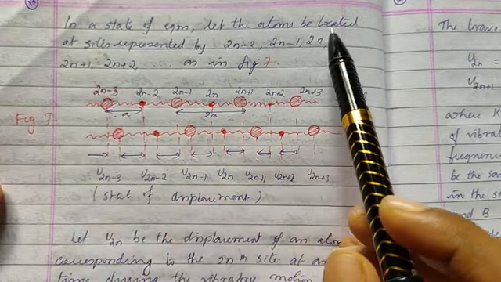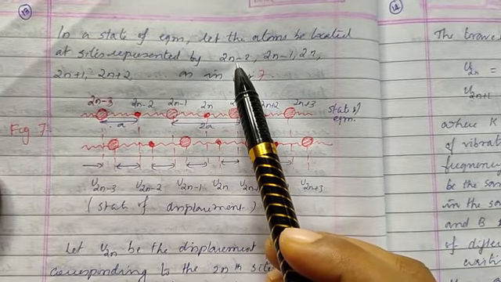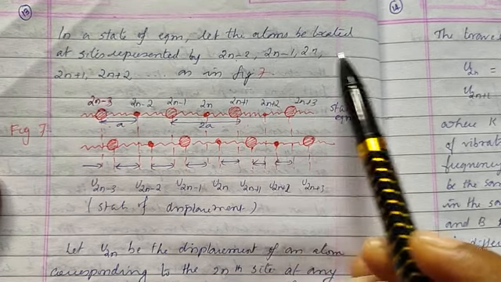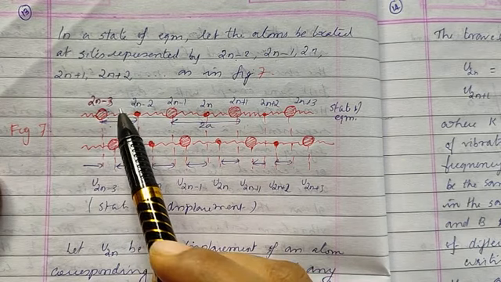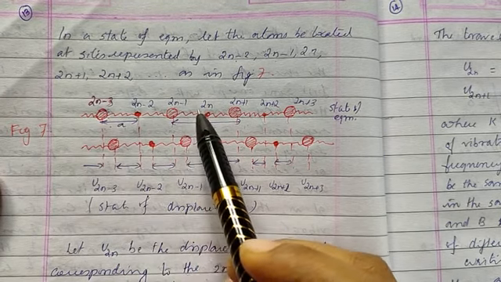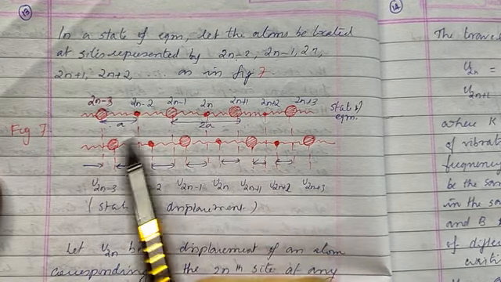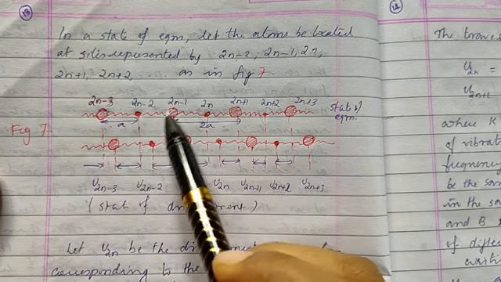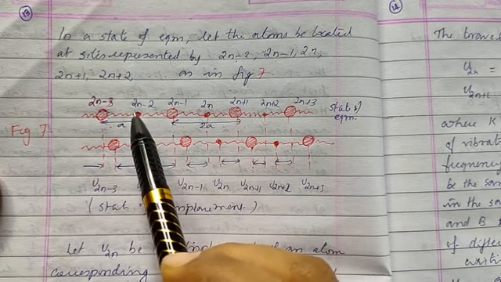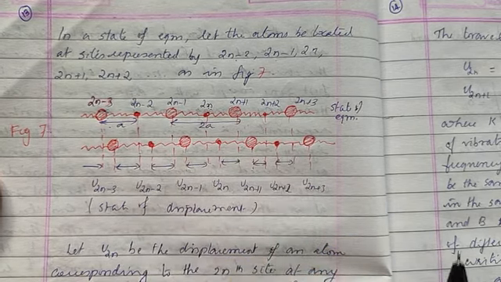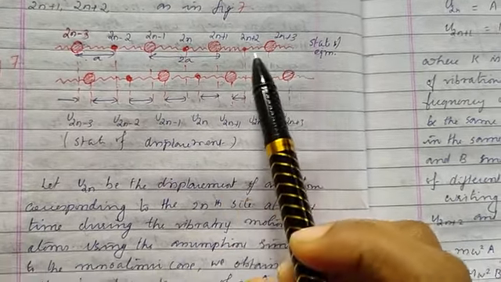In a state of equilibrium, let the atoms be located at sites represented by 2n minus 2, 2n minus 1, 2n, etc. In the monoatomic case, we considered the positions as n, n plus 1, n plus 2, n minus 1, n minus 2, etc. Here, in the diatomic case, we represent them by 2n, 2n plus 1, 2n plus 2, or 2n minus 1, 2n minus 2, etc. These are the positions where the atoms are located in a state of equilibrium.